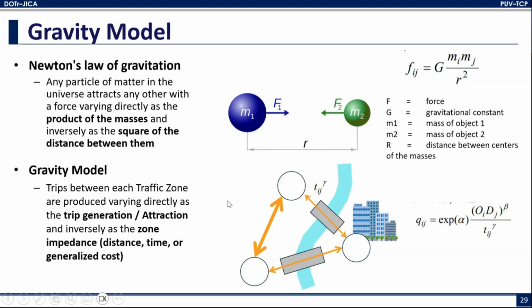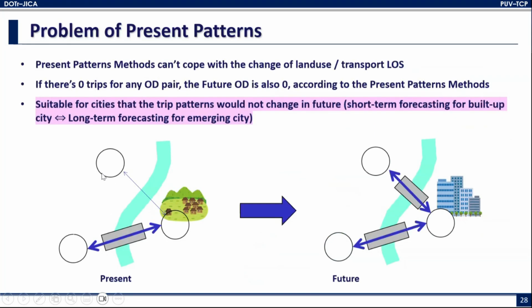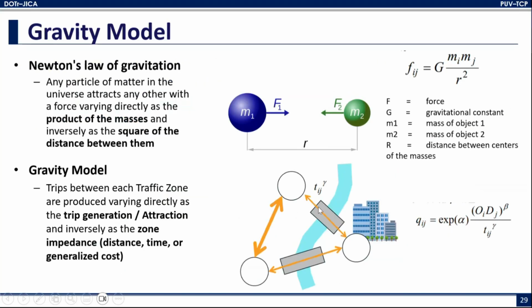In the previous case, there is not so huge a demand between these zones. However, if a new bridge is developed between zone B and zone C, then the zonal impedance becomes smaller compared with the present situation. So more passenger trips from zone B to zone C shall be estimated. So this is a very simple explanation of the gravity model.